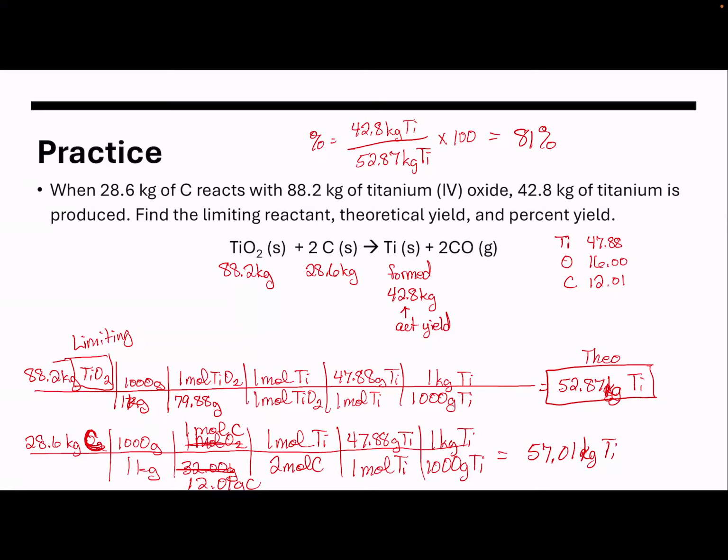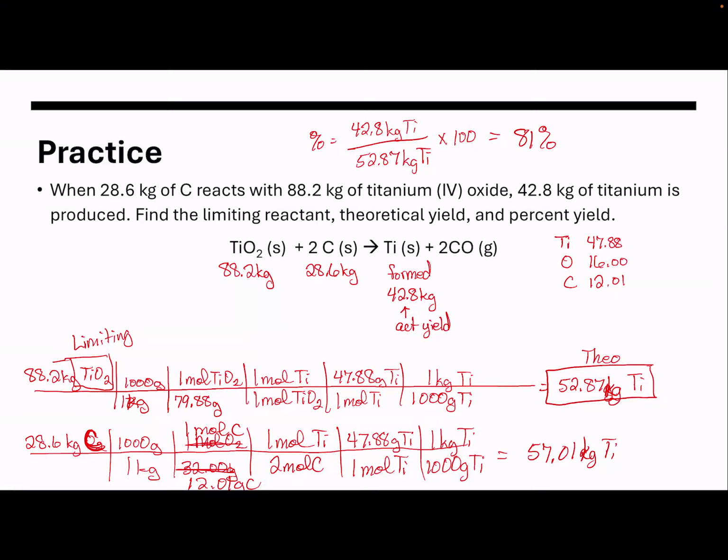Okay, let's see how it's going. The first thing I did is I realized that this had to be a limiting reactant problem because I had starting quantities of both substances. So I took the titanium oxide, 88.2 kilograms, converted that into grams, and then used the molar mass of titanium oxide to convert that into moles of titanium oxide.